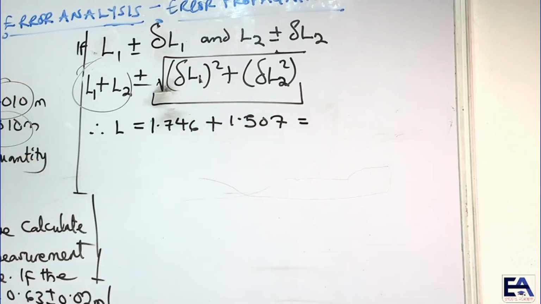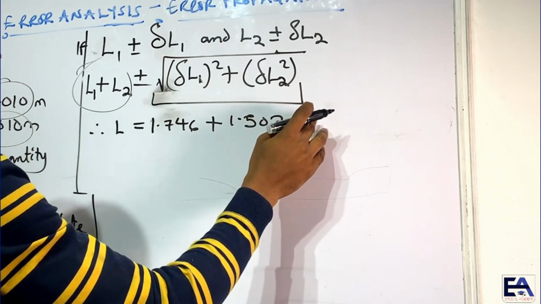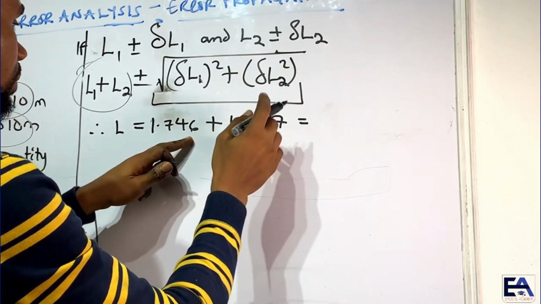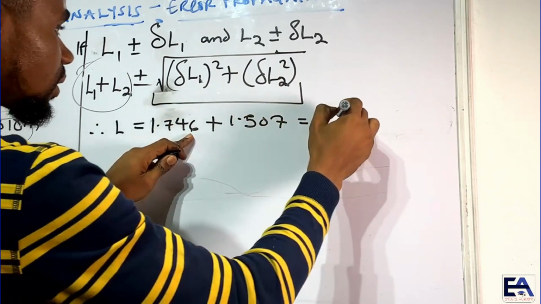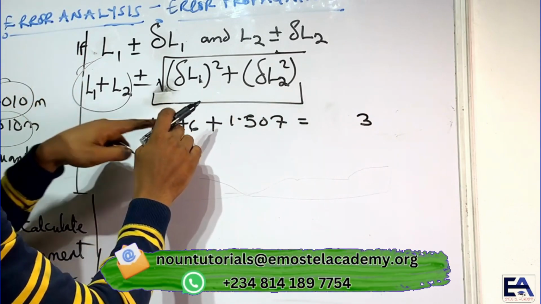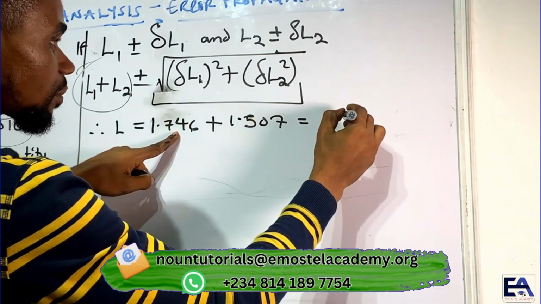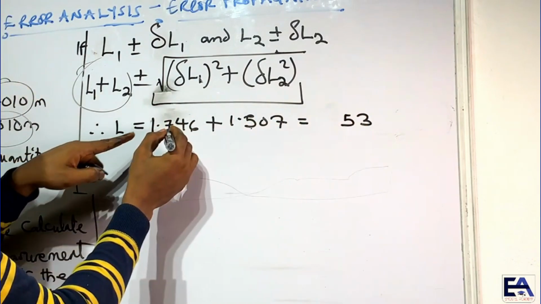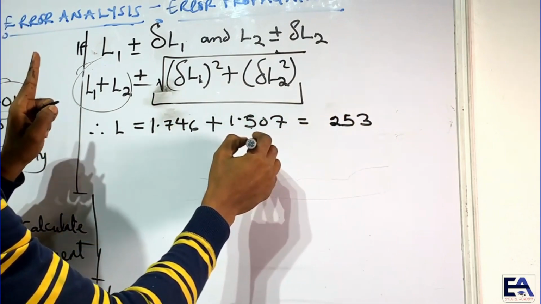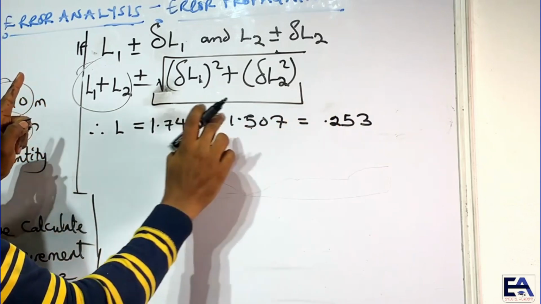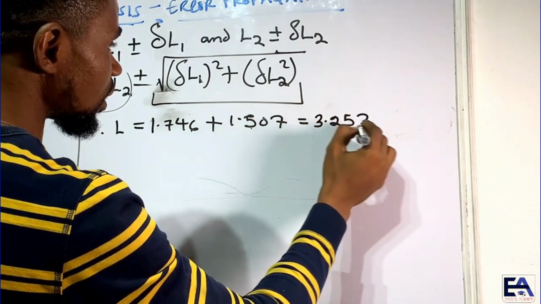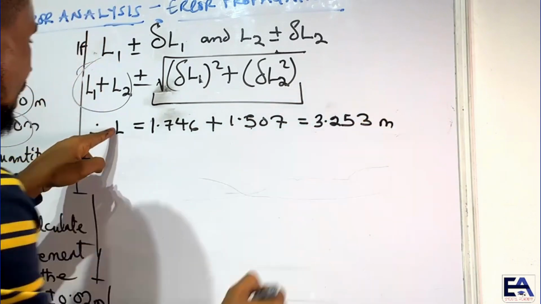And then that part is going to be what? 6 plus 7, that is 13. 3, 1. So 1 plus 4, 5. 0, that's 5. Then 5 plus 7, that's 12. 2 remaining 1. Point. 1 plus 1, 2 plus 1, 3. So we have 3.253 for the value of L.